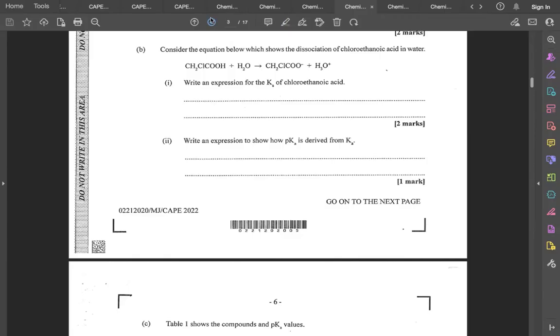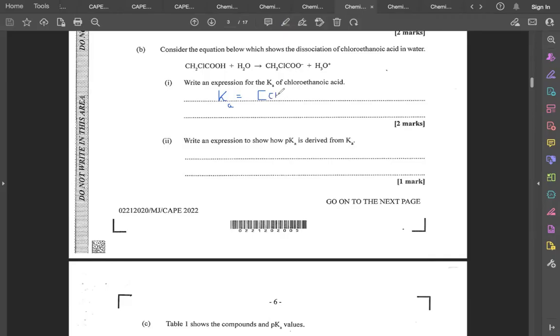So the Ka is the acid dissociation constant. It's the extent to which the chloroethanoic acid is ionized when it's in water. So we would just write Ka is equal to the concentration of these ions that are formed.